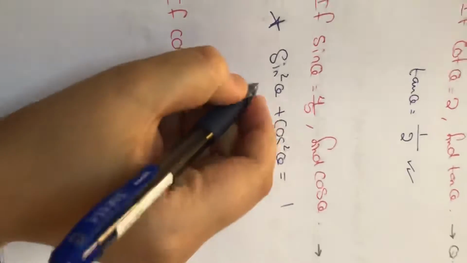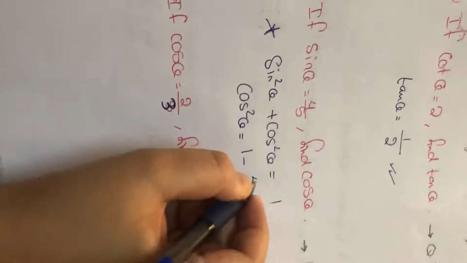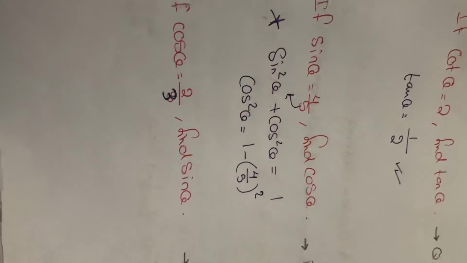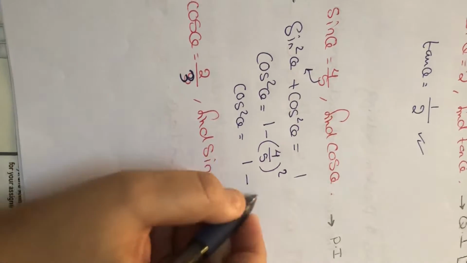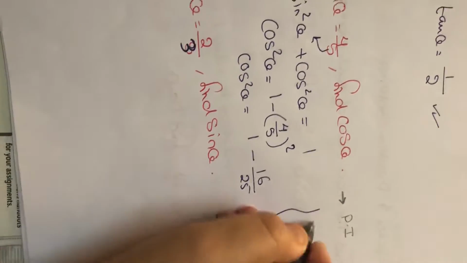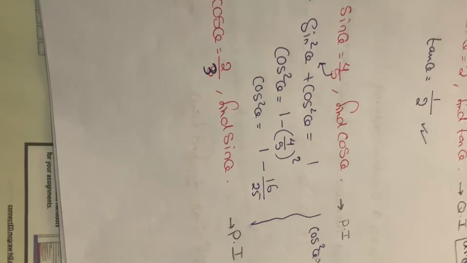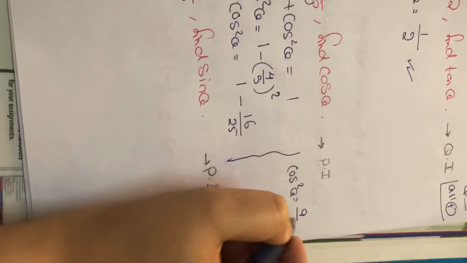So now, if I want cosine squared theta, it will be 1 minus 4 over 5 squared. This is 4 over 5 squared. So cosine squared theta is 1 minus 16 over 25. So cosine squared theta is actually 9 over 25.